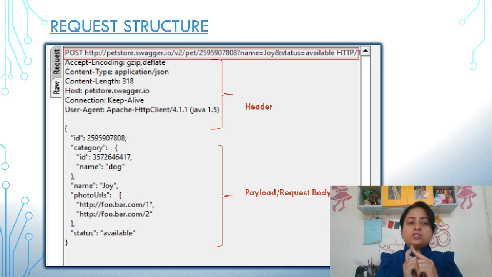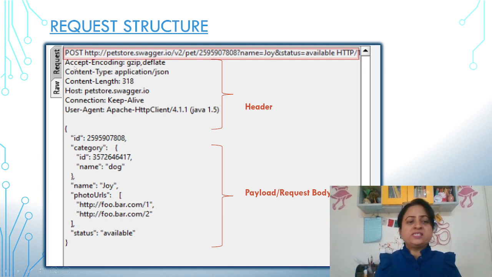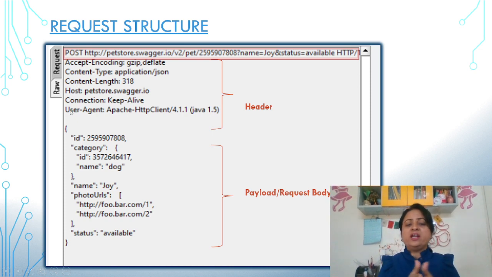In the header, you have seen attributes like accept, encoding, content type, content length, host. Those attributes have specific values which give you information about that particular request or response.